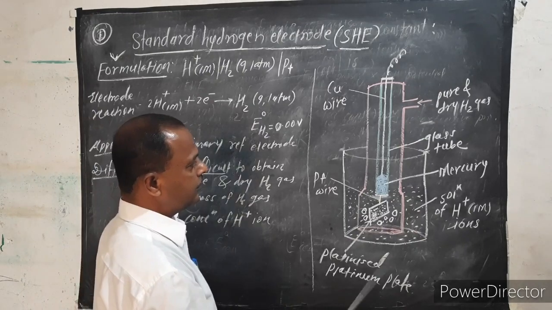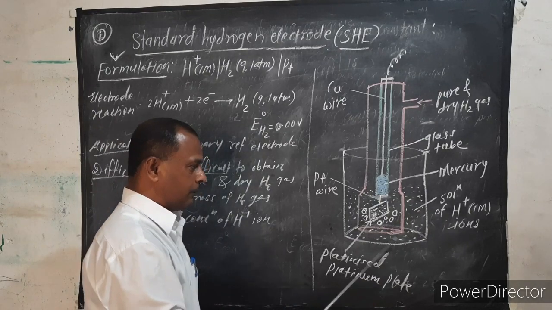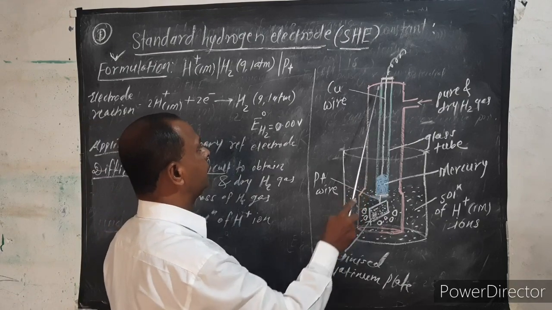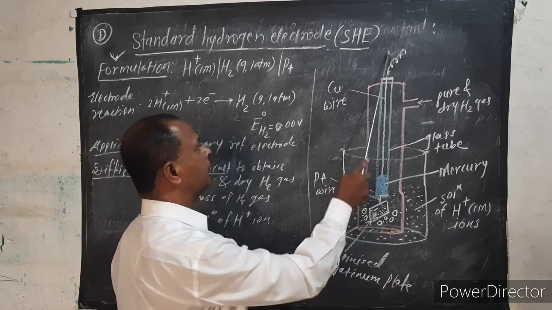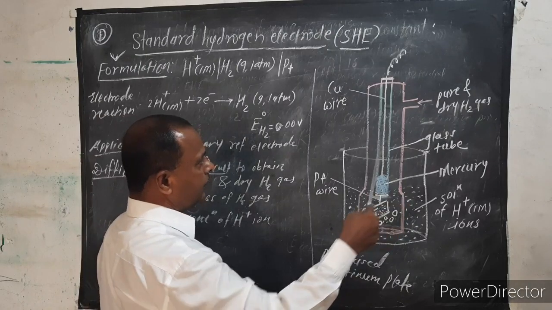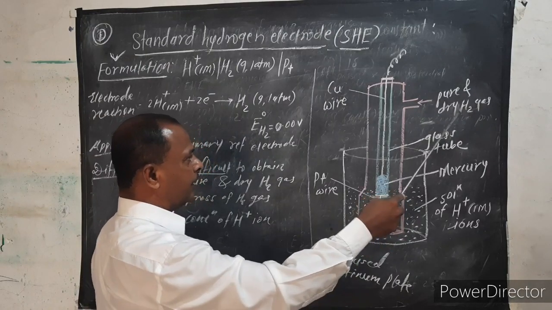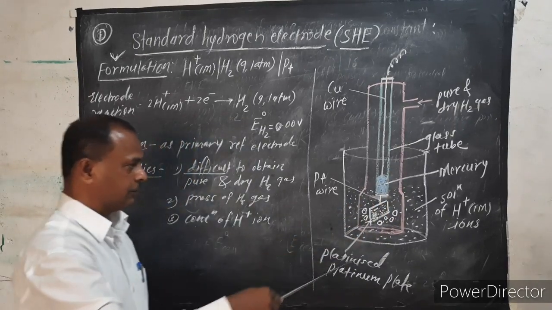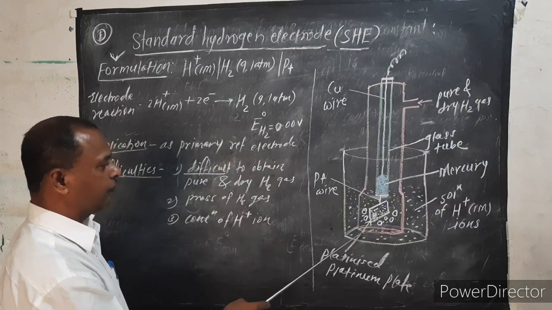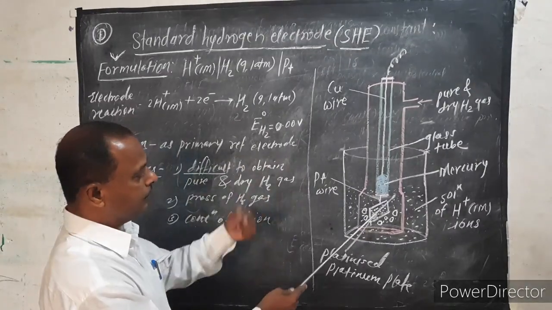This solution is the 1 molar H plus ion solution, for example HCl solution, and at the top this is the copper wire, again an electrical contact. Through this glass tube, pure and dry hydrogen gas is passed into the solution, and then there is bubble production around the platinum plate.